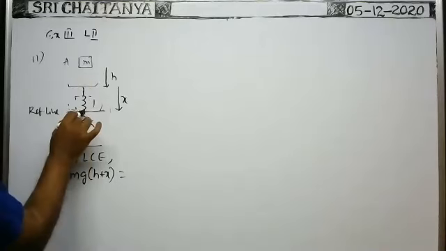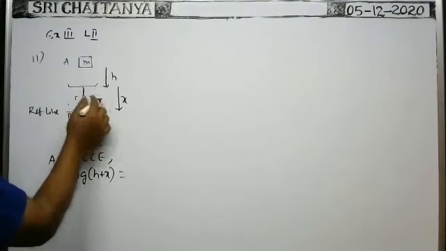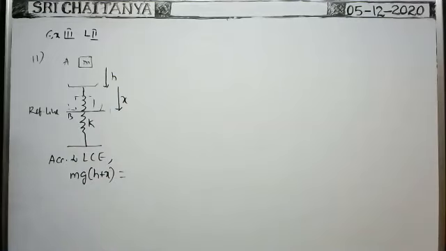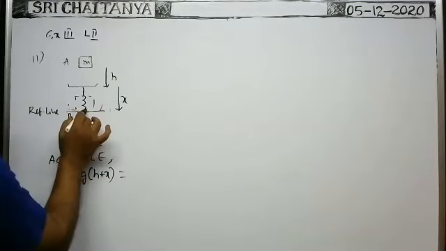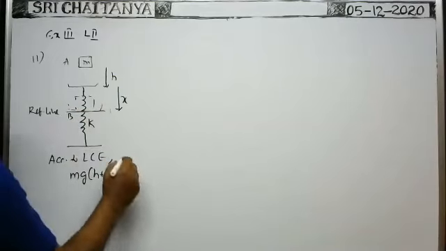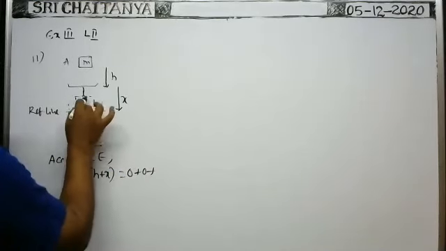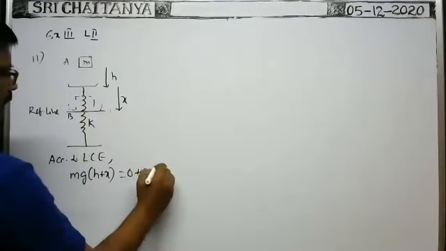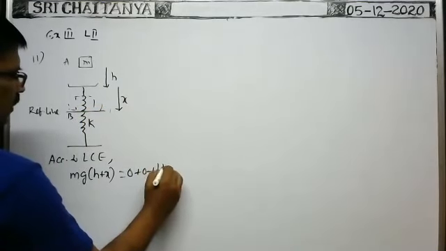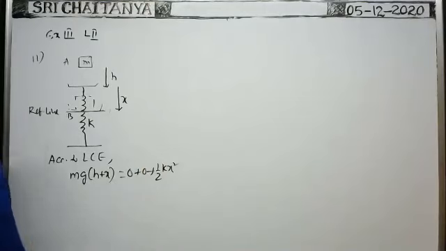Whenever the block comes to rest at this position, the compression of the spring is maximum. At that time, as the block is at rest at the reference line, it has no potential energy and no kinetic energy. But as the spring is compressed by a length x, the spring has potential energy equal to half k x square.